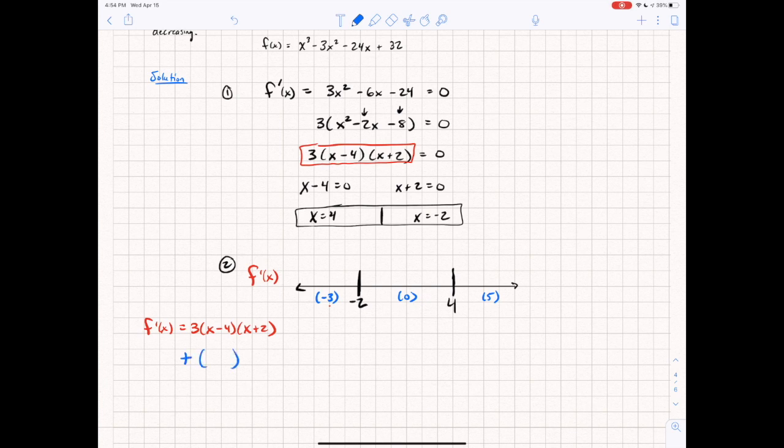If I plug negative 3 into here, this would be negative 3 minus 4, which results in a negative. If I plug negative 3 into here, that's negative 3 plus 2, and that result is still negative.